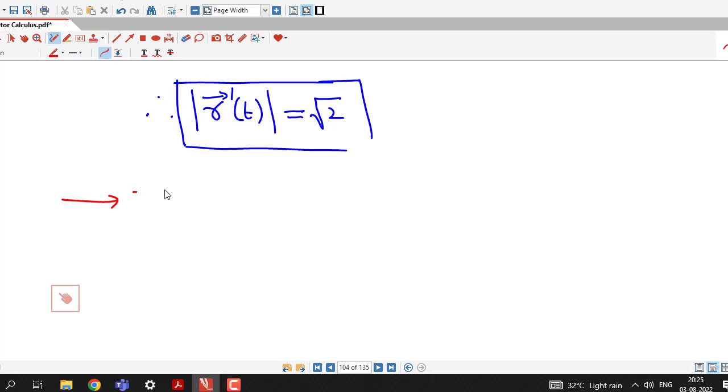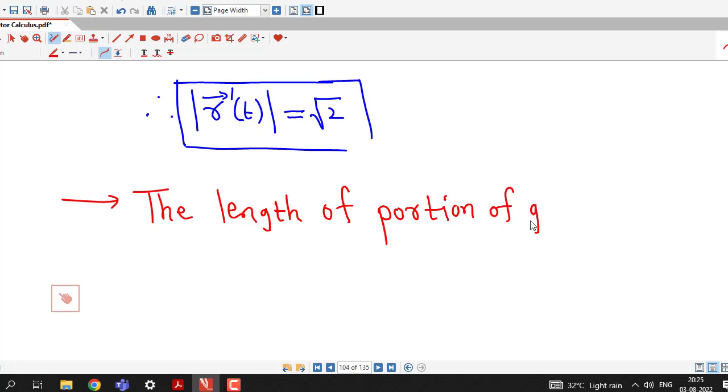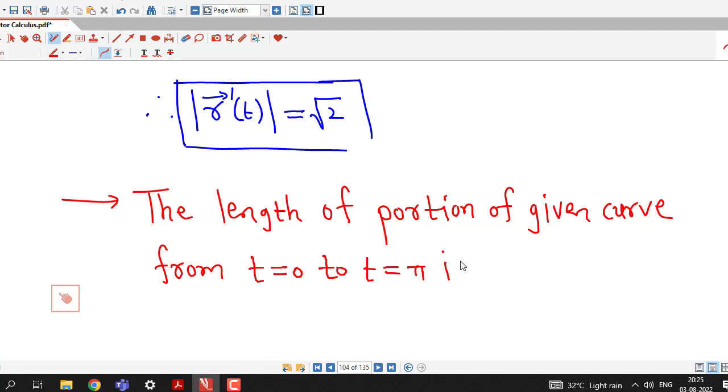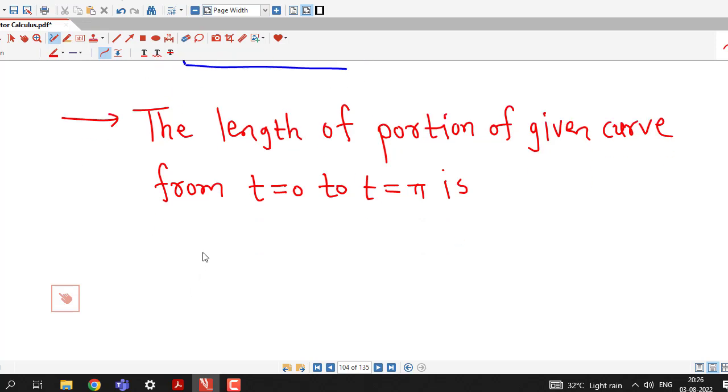Now we find the length of the portion of the given curve, which is the circular helix, for t equal to 0 to t equal to pi. L equals, by the formula for arc length, the integral from t equal to 0 to t equal to pi of the length of r bar dash t, integrated with respect to t.